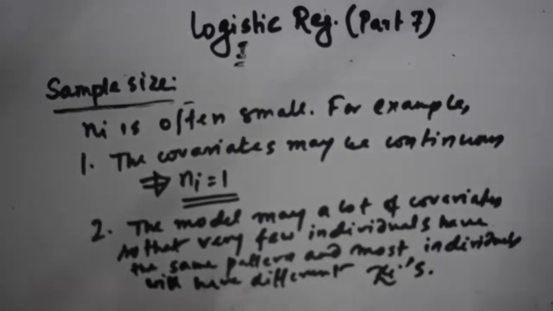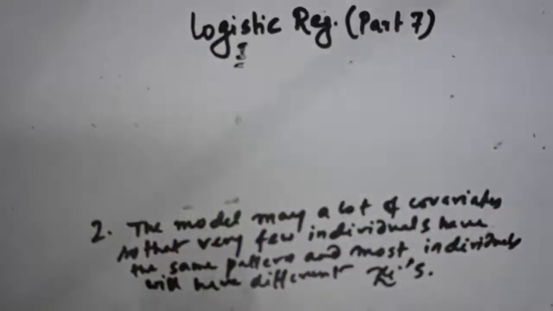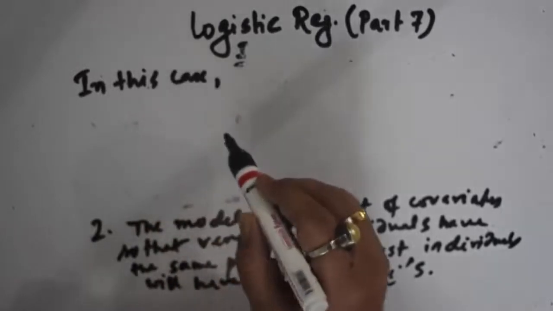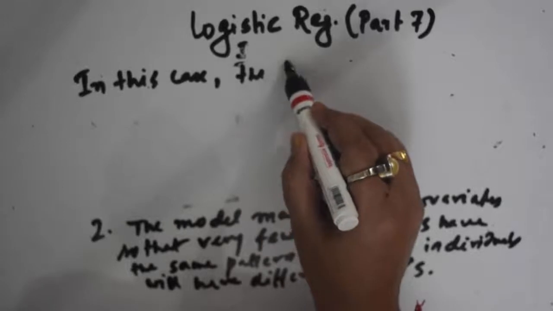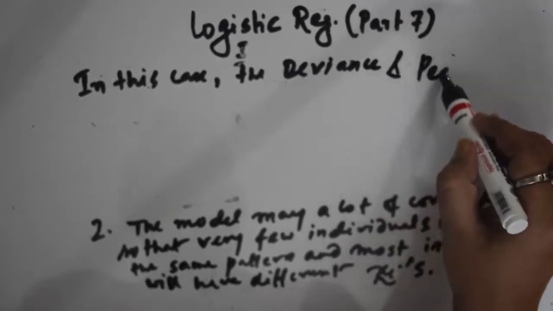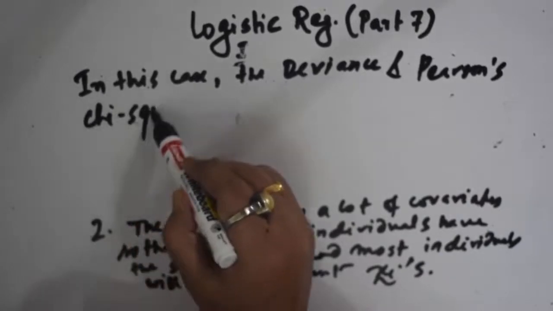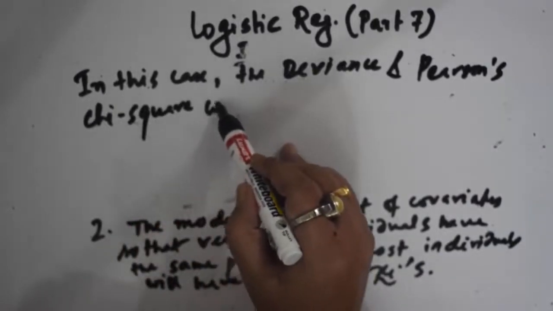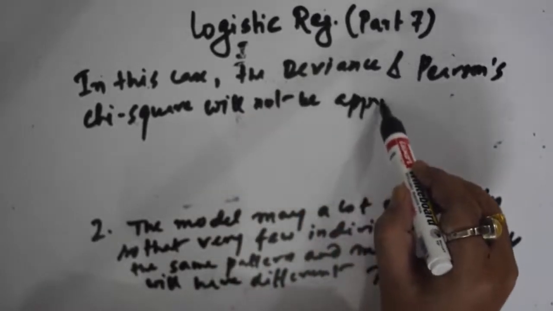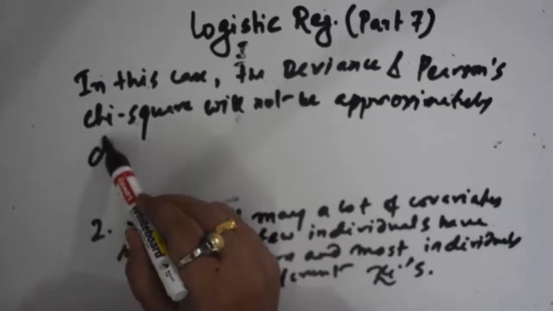In this case, the deviance and Pearson's chi-square will not be approximately chi-square.